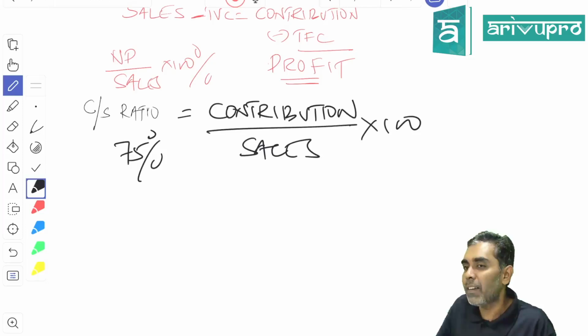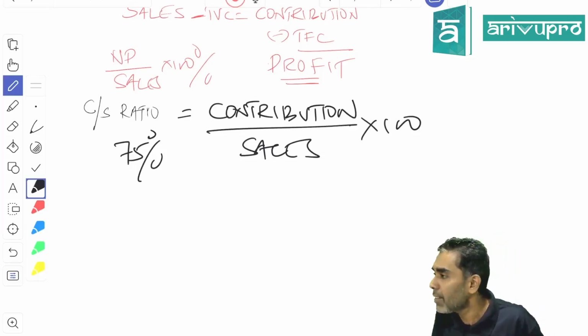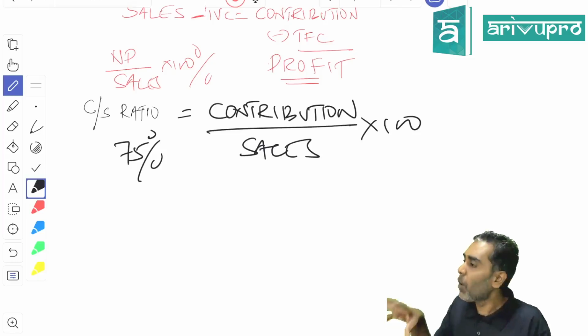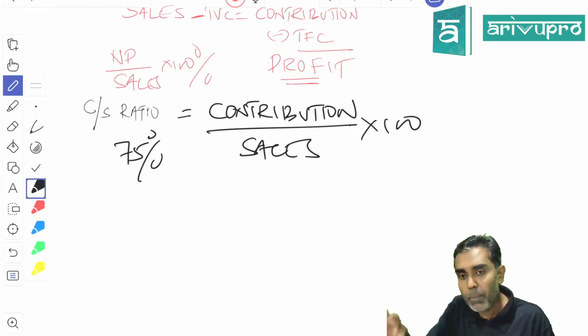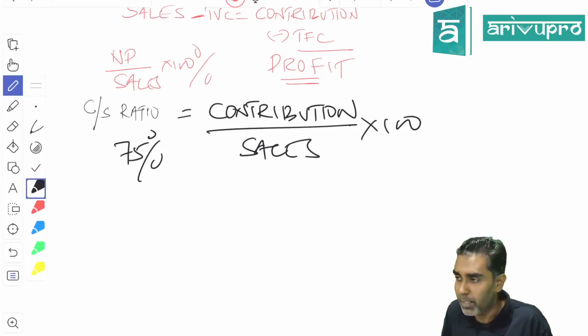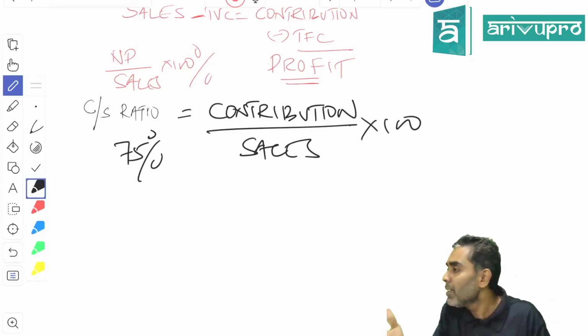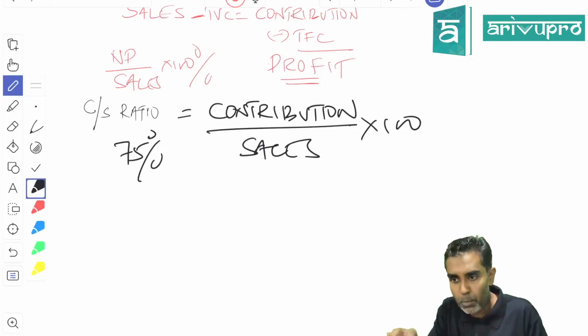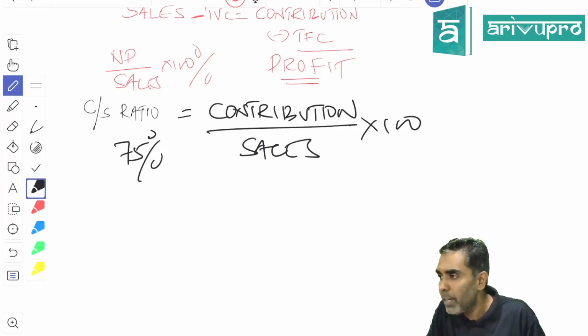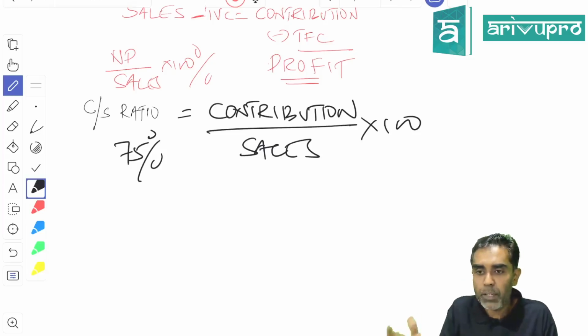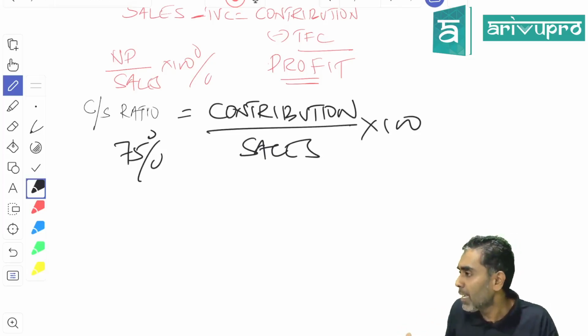We'll be learning this in our next chapter under break-even analysis in detail: the CS ratio, contribution sales ratio. What is meant by contribution? We'll be learning, no worries. What is meant by contribution sales ratio? It is the contribution generated from your sales. Contribution divided by sales equals the CS ratio.